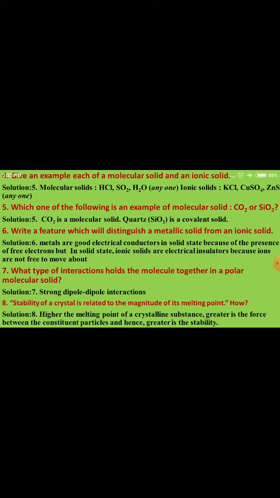Question number 6. Write a feature which will distinguish a metallic solid from an ionic solid. So here, on the basis of conductivity, you will differentiate metallic solid from ionic solid. Metals are good conductors in the solid state, liquid state and gas state because of the presence of free electrons, and you can also write mobile electrons.